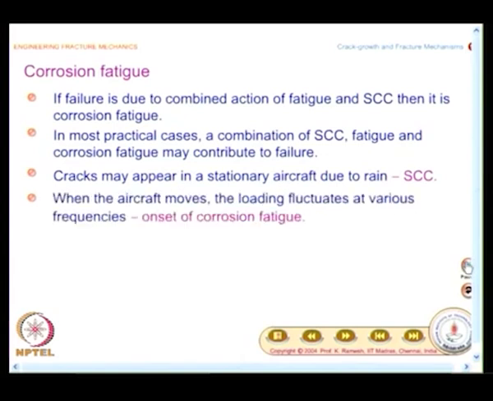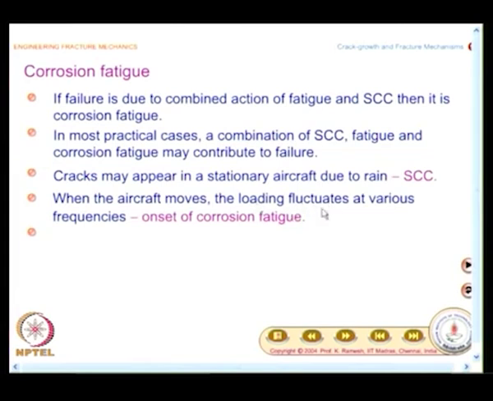You move the aircraft in the tarmac, so you have loading fluctuations, and this causes onset of corrosion fatigue, and it is one of the very important problem to study the fluctuation of loads.